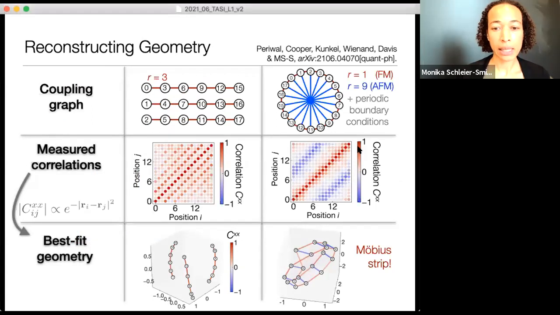Yeah, so in the first way I drew the graph at the top, one thing that can help orient you is that nearest neighbor bonds in the physical geometry are ferromagnetic, just by choice. And across the ring, they're anti-ferromagnetic.